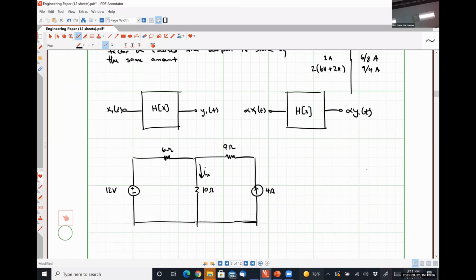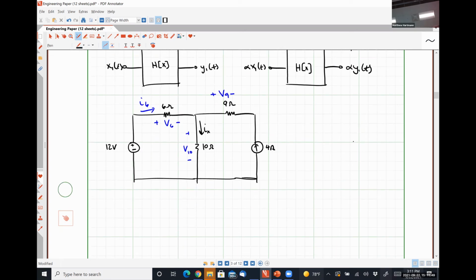So we're going to analyze this circuit with both sources on exactly like we did in our very first example. I'm going to call this guy V10, this guy V6, this current I6, this voltage V9, although we don't actually need to use it.